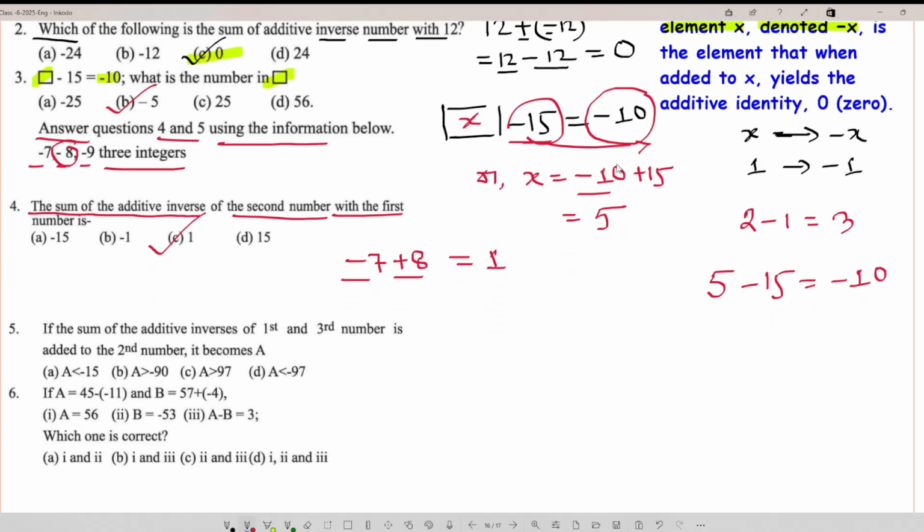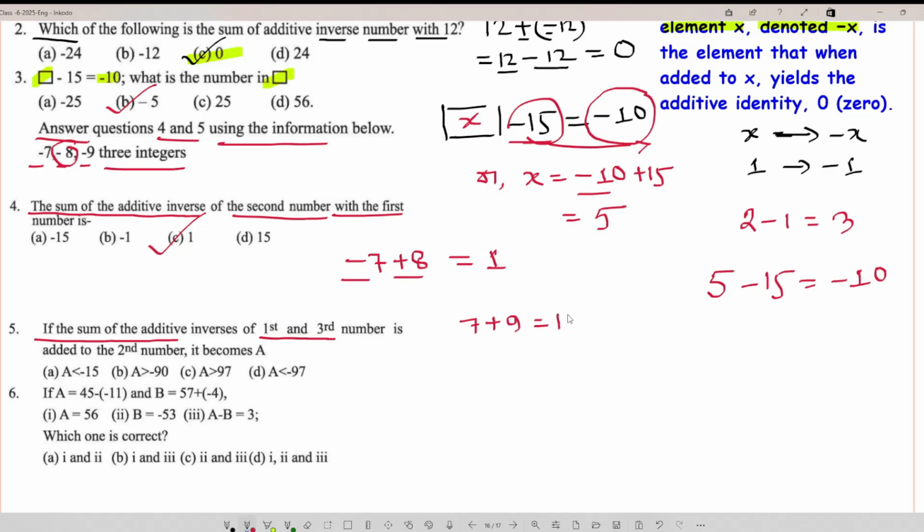Number 5. If the sum of the additive inverse of the first and third number is added to the second number, what does it become? So the additive inverse of the first and third. The first is 7, so it becomes plus 7, and we sum the third number, which is minus 9, becoming plus 9.